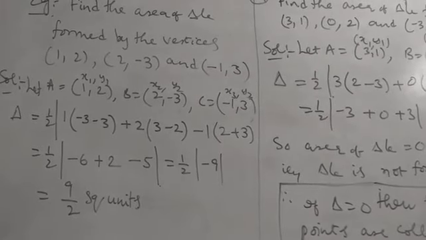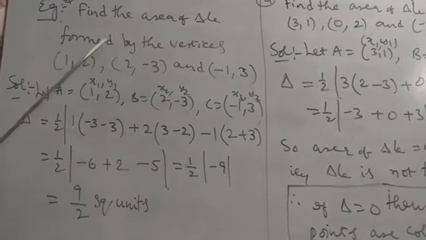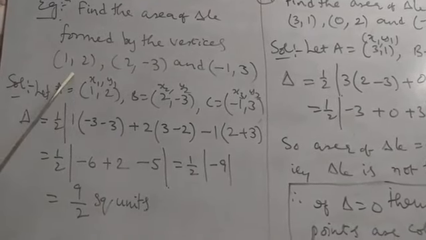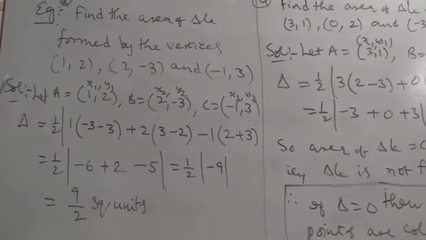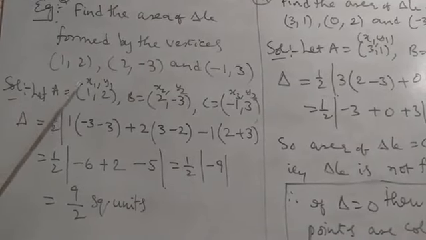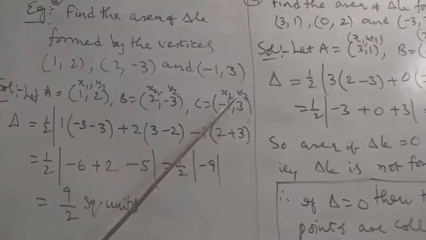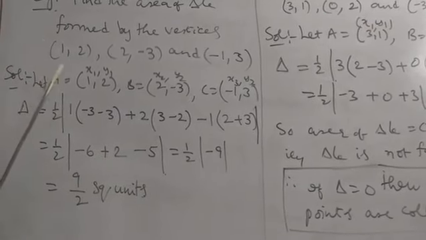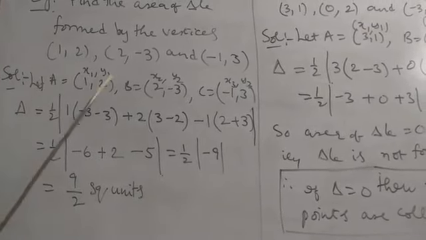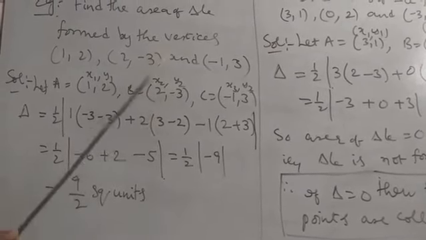Let us observe some examples. Find the area of triangle formed by the vertices 1, 2, 2, minus 3 and minus 1, 3. So consider that A is equal to 1, 2, B is equal to 2, minus 3, C equal to minus 1, 3. We know that area of triangle formula is half of x1 of y2 minus y3 plus x2 of y3 minus y1 plus x3 of y1 minus y2.